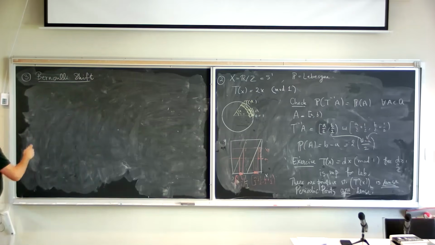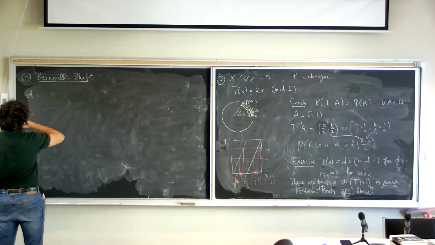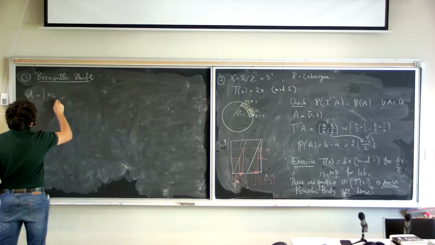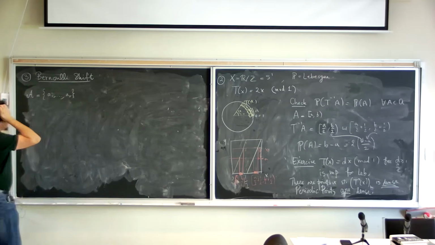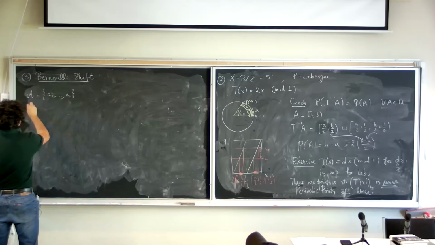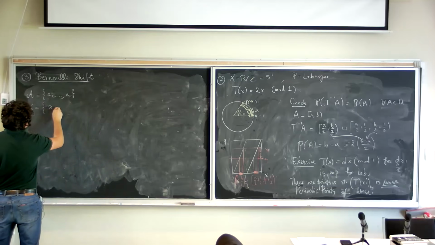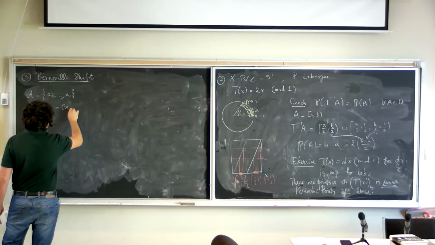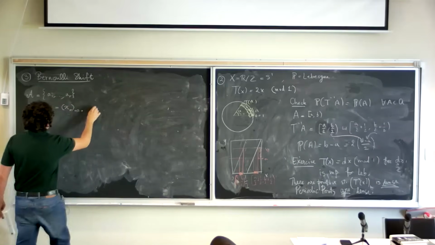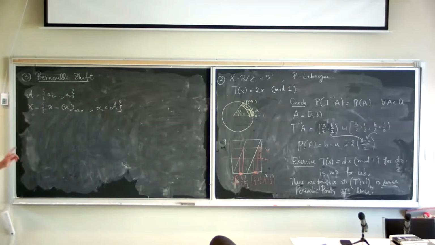So what is the Bernoulli shift? Well, we take an alphabet A of symbols, A1 through AR. So these are some finite set of symbols. And we look at X to be the set of infinite words, so each x is x_n, and x_n belongs to A. So this is the set of infinite words in this alphabet.